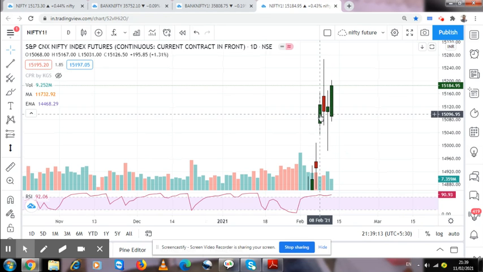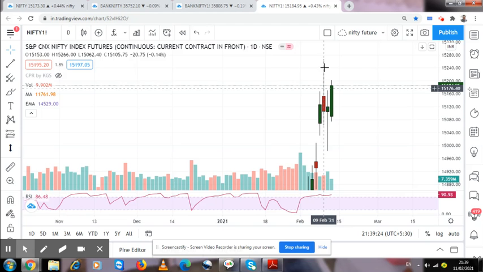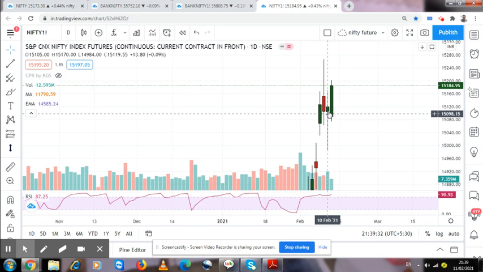Now you can see that this is the 8th February candle. See the opening here, 15,068, and it closed all the way at 15,124. The very next candle, the high of Nifty till date in futures is 15,265 points, and you can see the very next candle was a bullish candle because it also touched a very low of 14,986, which was touched yesterday.